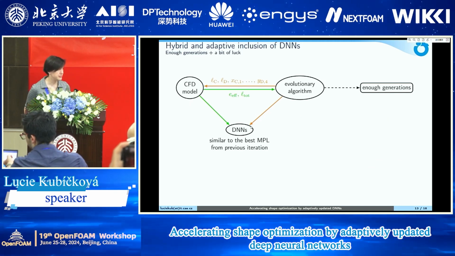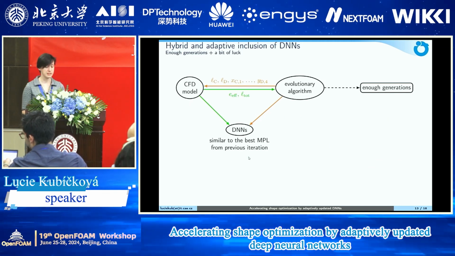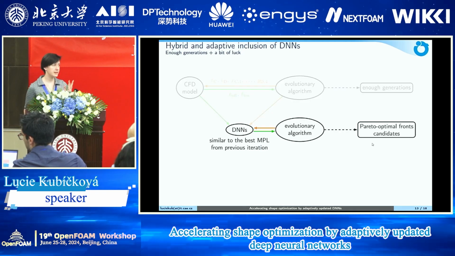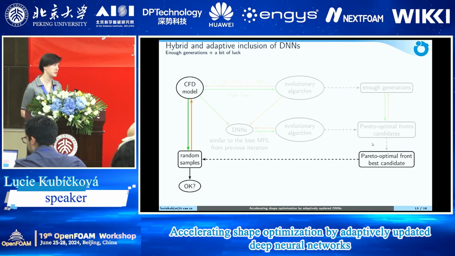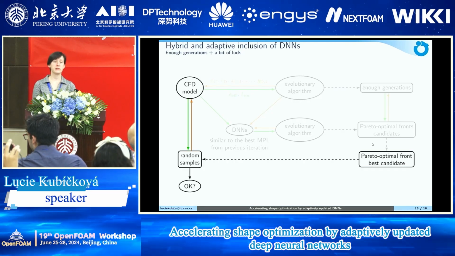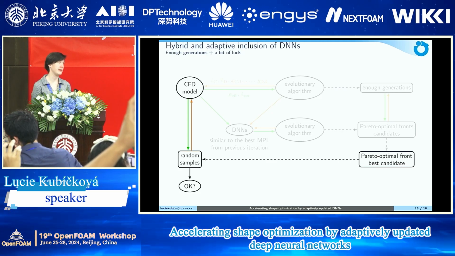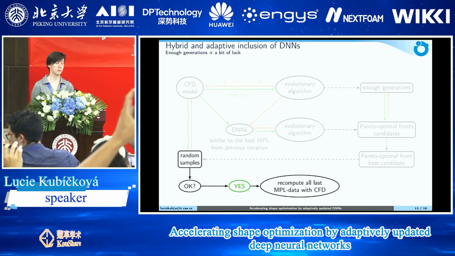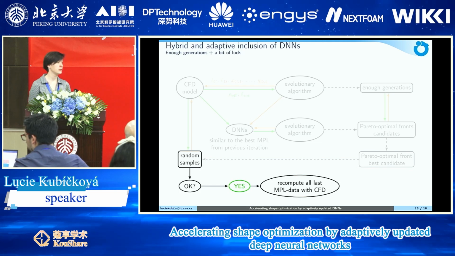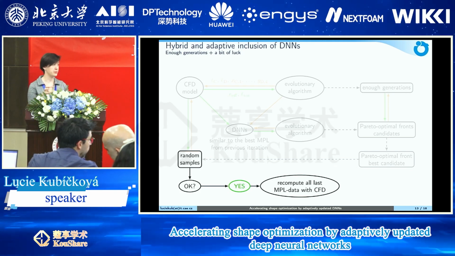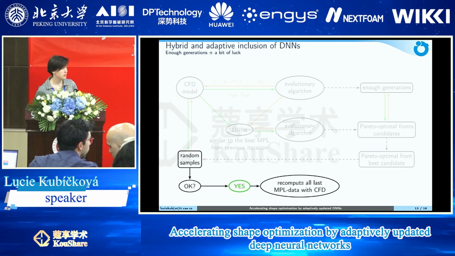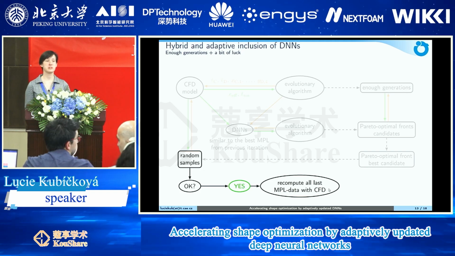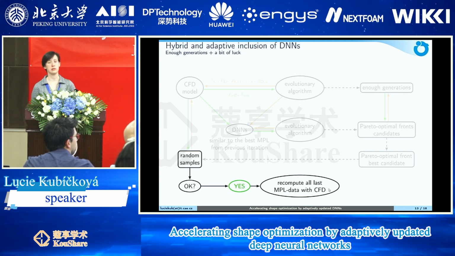Still, we have our best MPL, we can create something similar, create the candidates, choose the best, it's all the same. But then let's say we run it for enough generations and we are lucky, so the error is small. What we do at the end, we could take all the data from the last MPL and recompute it with CFD, and we will see what will happen.